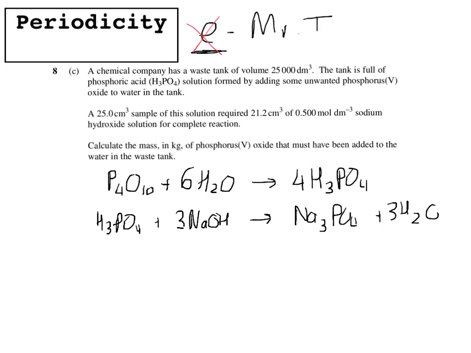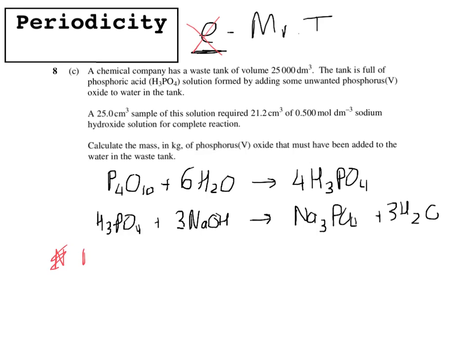The next bit is M in Mr. T, so there's always a way of working out the number of moles of something in one of our equations, and here we've been told how much sodium hydroxide solution is needed, so we can work out moles of sodium hydroxide. Now with these sort of questions where there's a lot of calculations and a lot of working, I would always label my numbers.